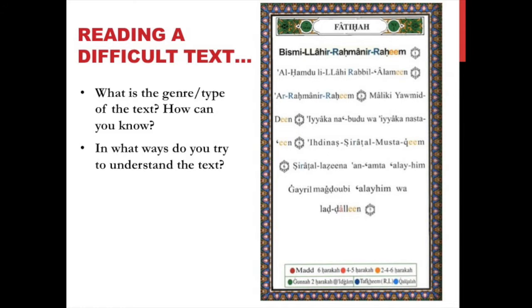Alhamdulillah Rabbil Alamin. So you started to see that it seems like there's a rhyming at the end of each line, and then it has a symbol showing 1, 2, 3, 4, 5, 6, 7. So it tells you those are the different lines in this specific text.